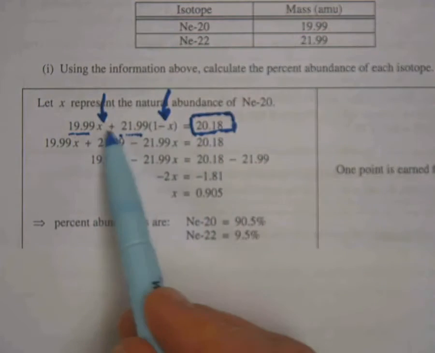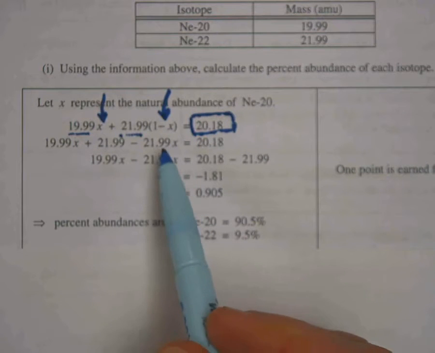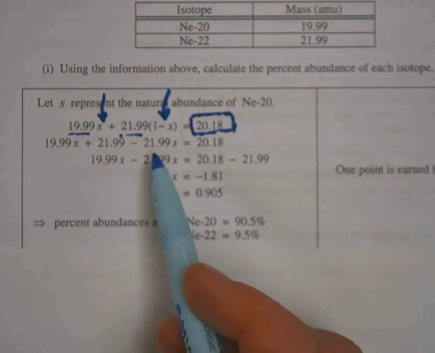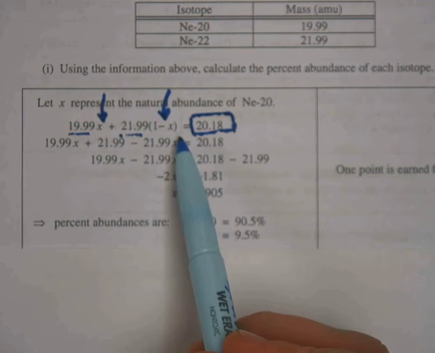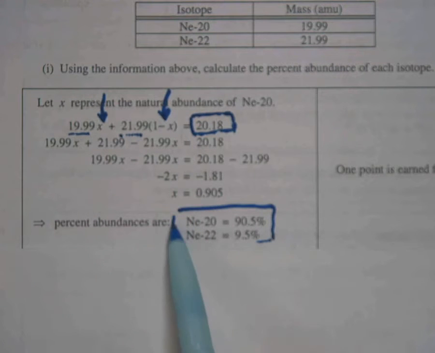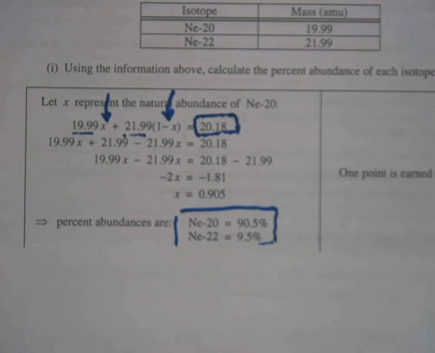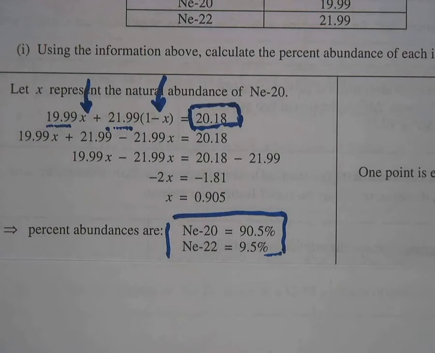Now, you could have called this X and this Y, but remember both percentage abundances have to add up to 100%. So they called one of them X and the other one 1 minus X. And then they did a bunch of algebra right here, and they found out that 90.5% was neon 20 and 9.5% was neon 22. Told you they'd come up with a different way to ask the question other than just a standard old problem from the book.